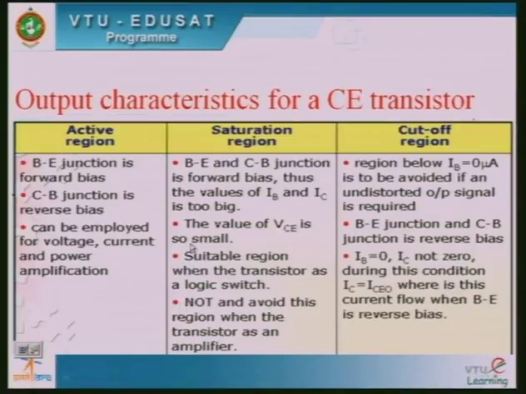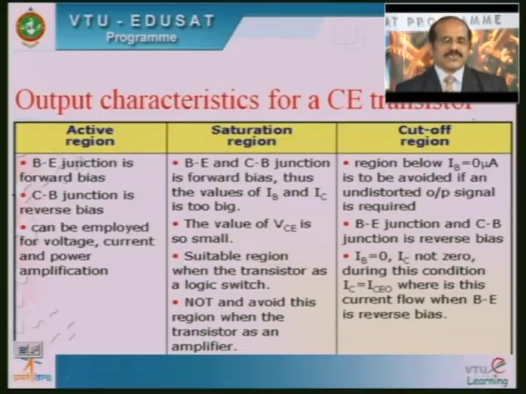Now, let us see the three regions of the output characteristics of a common emitter configuration of a BJT. In the active region, the input junction is forward biased, whereas the output junction is reverse biased. That is, the base to emitter junction is forward biased, and the collector to base junction is reverse biased.